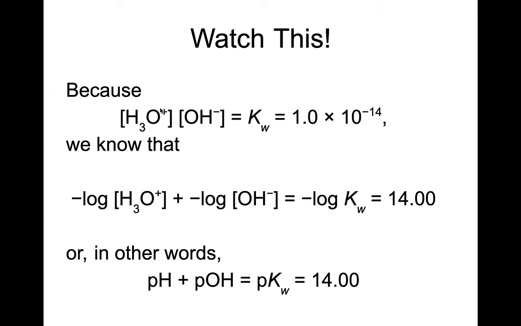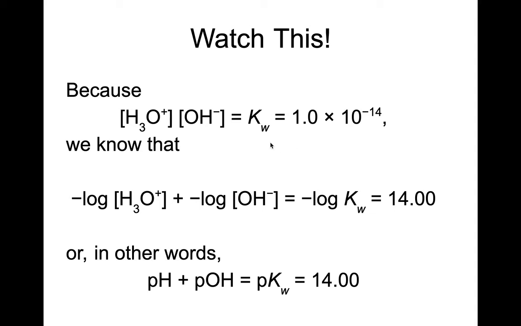So let's apply the negative log to everything in this line. So the negative log of this product could be split apart because of log rules into an addition problem. So we'd have the negative log of the hydronium ion concentration plus the negative log of the hydroxide ion concentration.